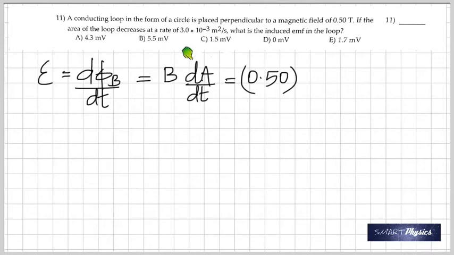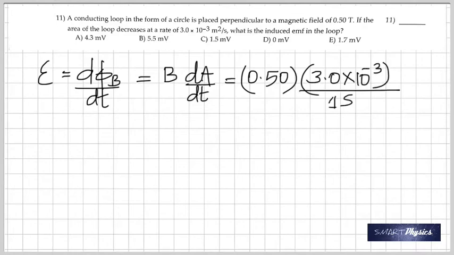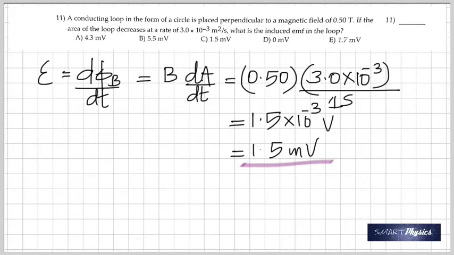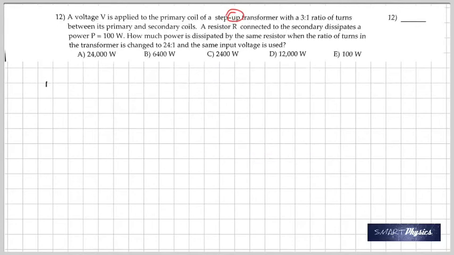So it's B dA by dt. The change in area is given. Actually, that's change in area per second. So time is 1 second. And therefore it's 1.5 millivolt.